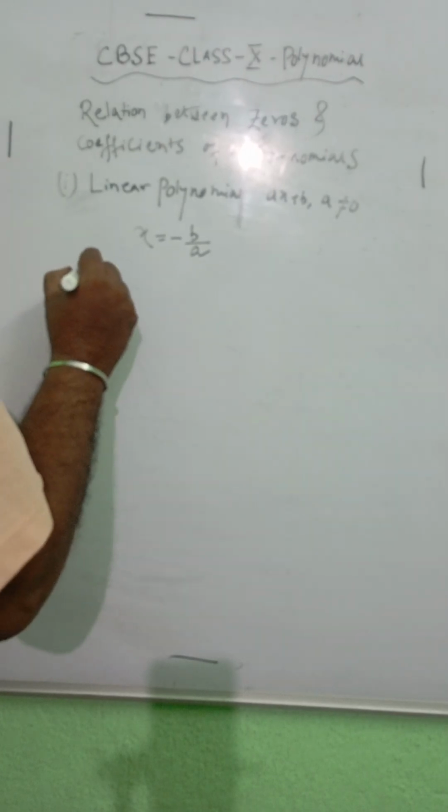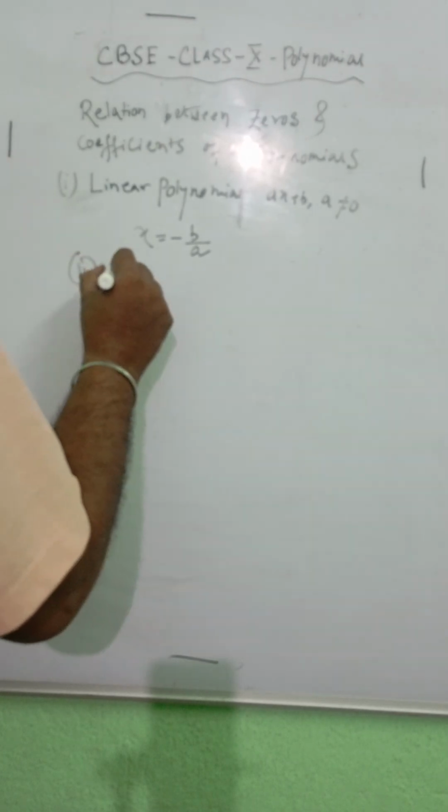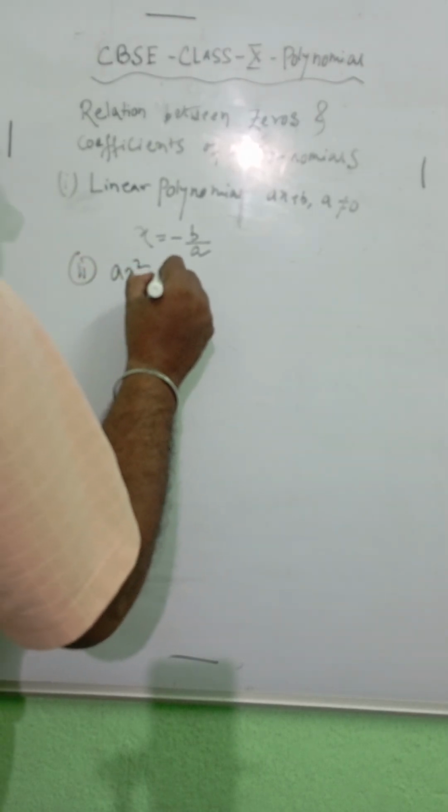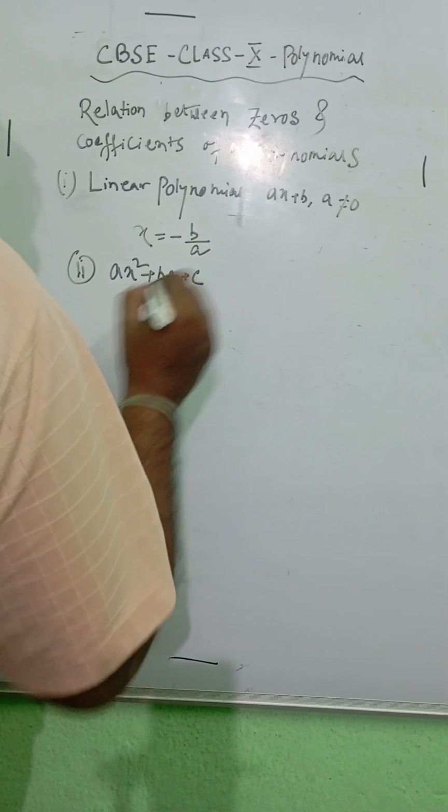Now for a quadratic polynomial, ax square plus bx plus c.